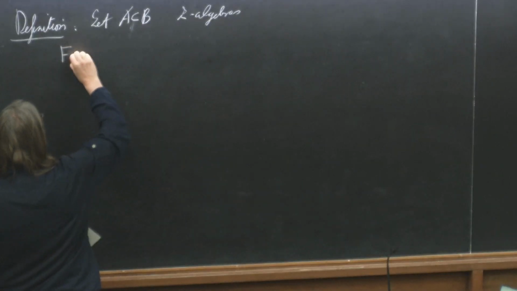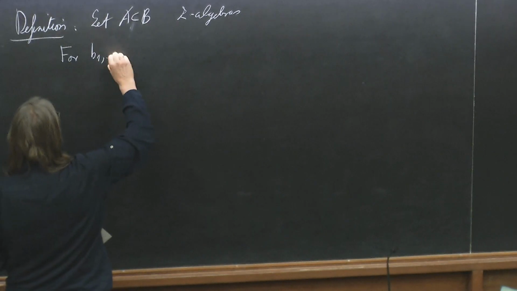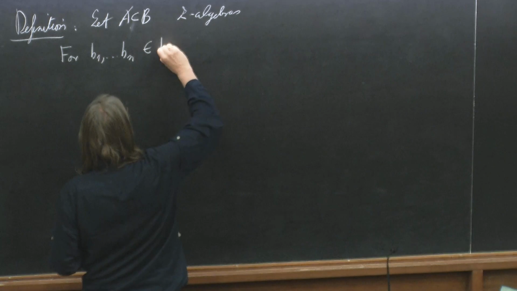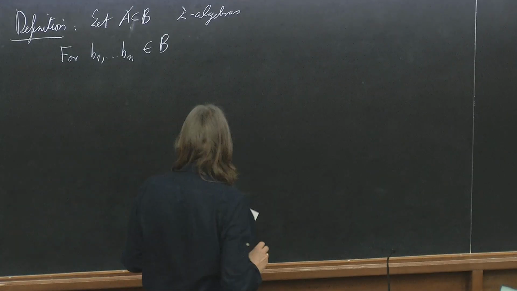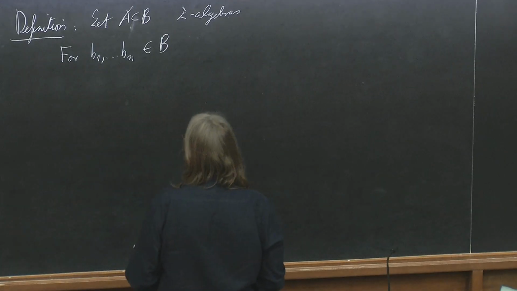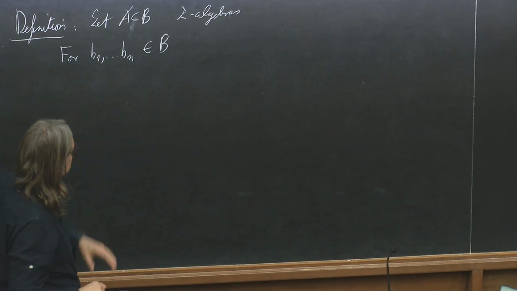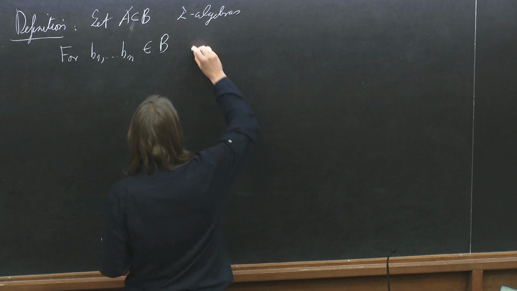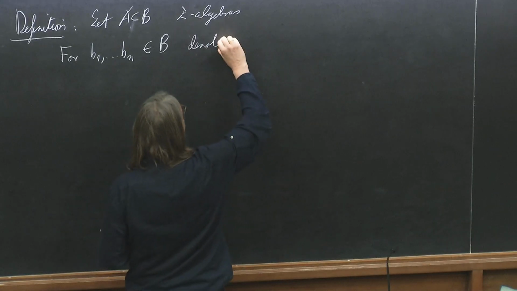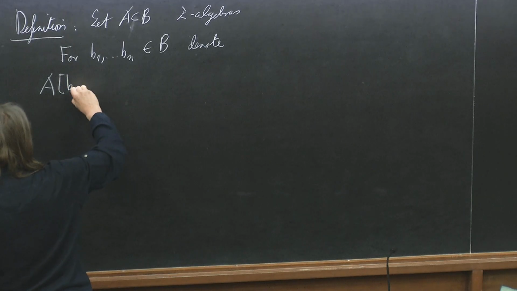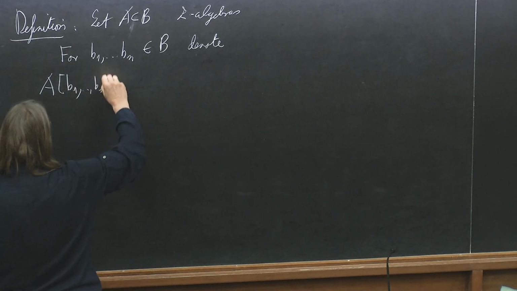For some elements B1 to Bn in B, we can look at the A algebra generated by these elements. So denote A[B1, ..., Bn].